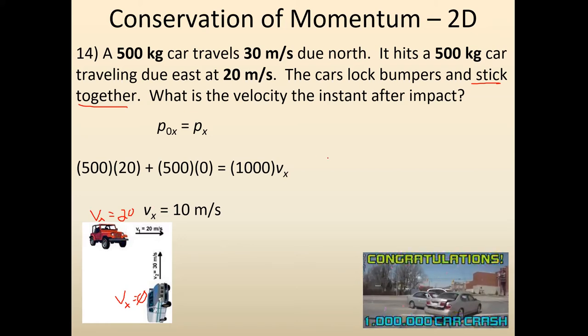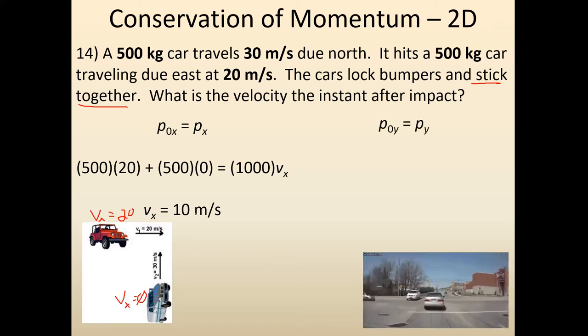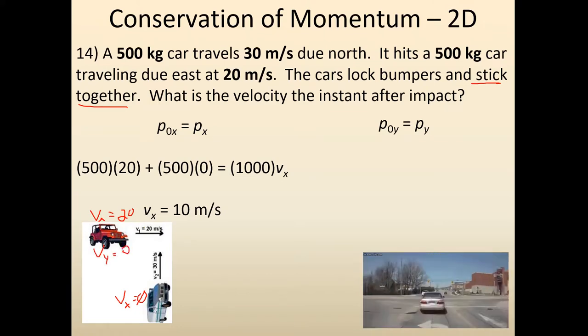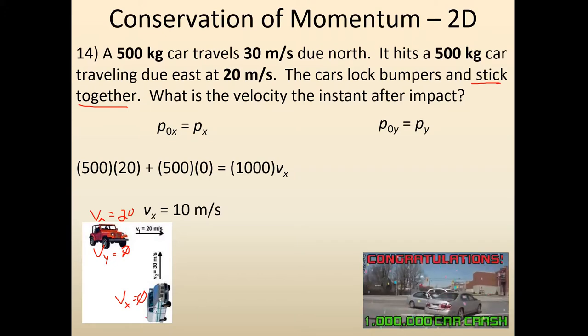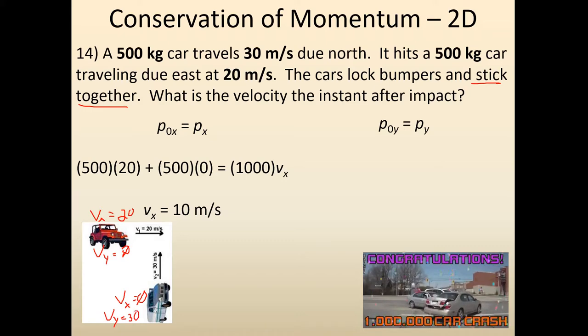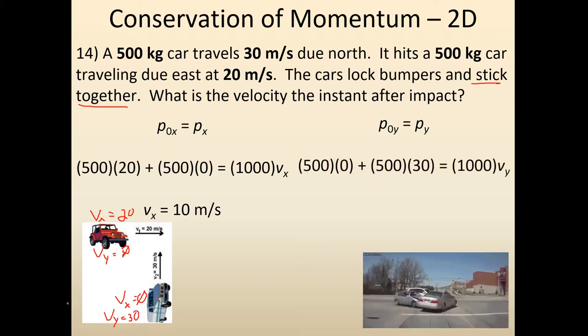All right. Now that I did the x direction, I'll do the y direction. So again, I do the same thing. In the y direction, this is 0 because it's only horizontal. In the y direction, this is 30. So once again, I do 500 times 0 plus 500 times 30. And again, it's going to be equal to 1000 Vy because they stick together.